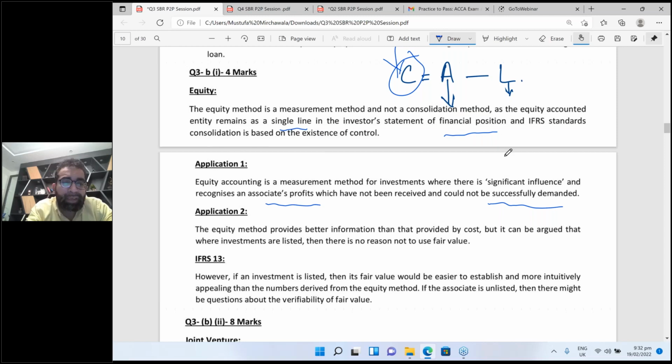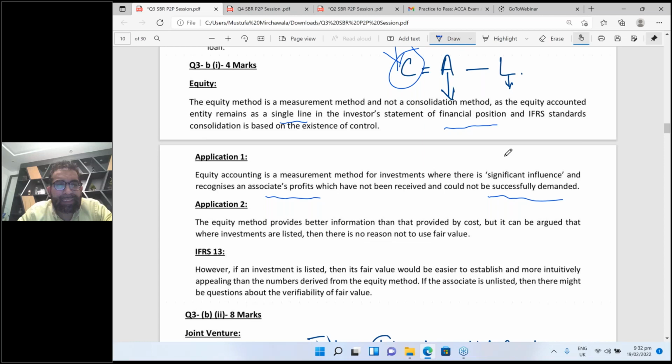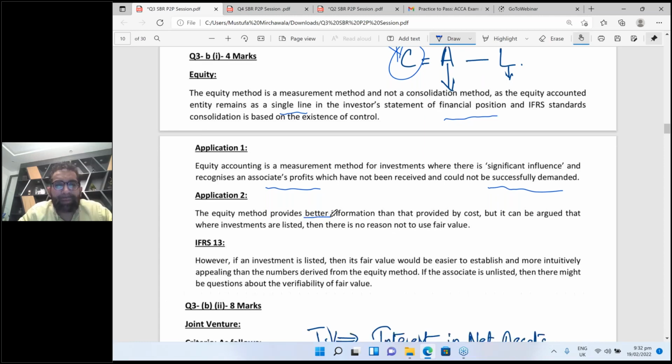Now, the equity method provides better information than that provided by cost. Yes, first of all we need to compare it with cost.